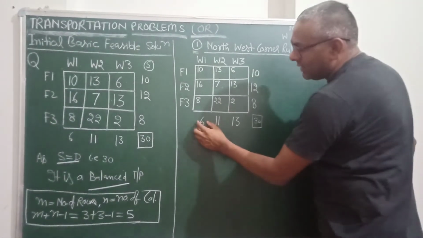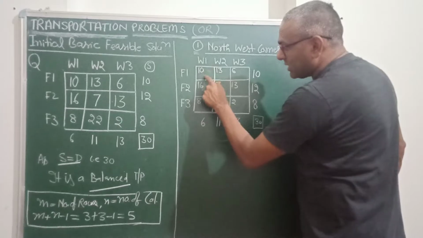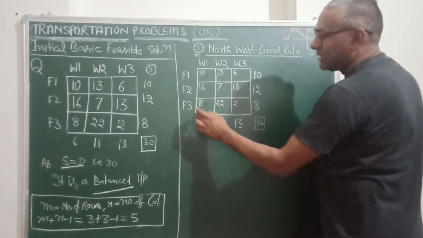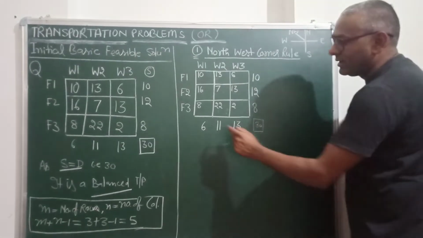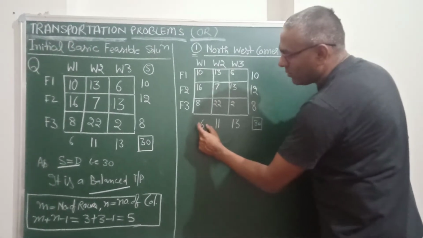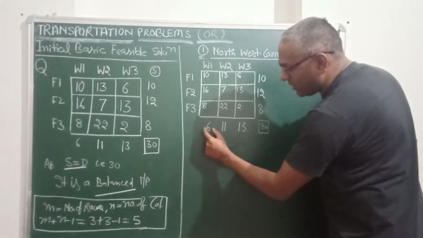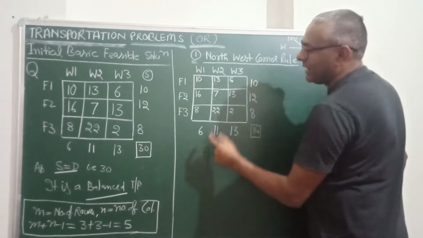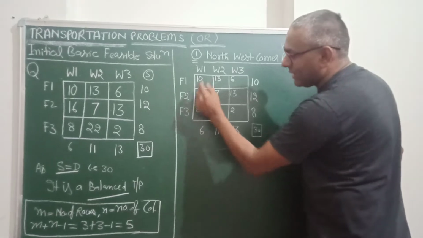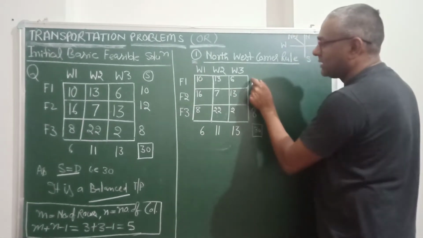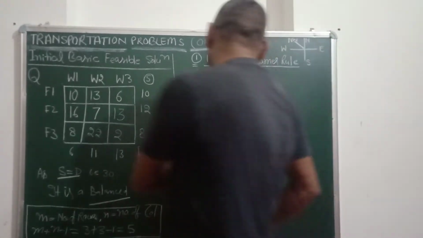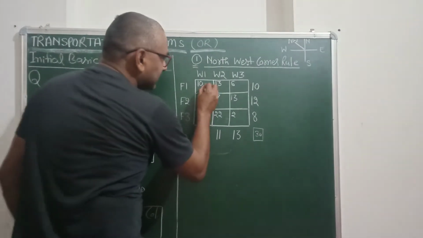We will make the allocation here which will satisfy either the demand or the supply. So we will allocate the minimum of the two values, either supply or demand. Here the demand is less, so we will allocate all 6 units.